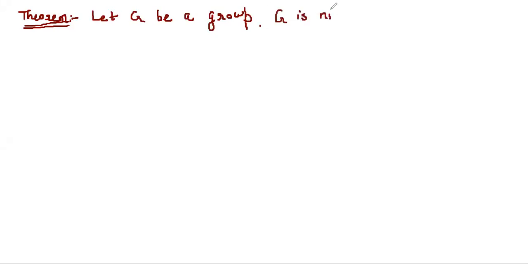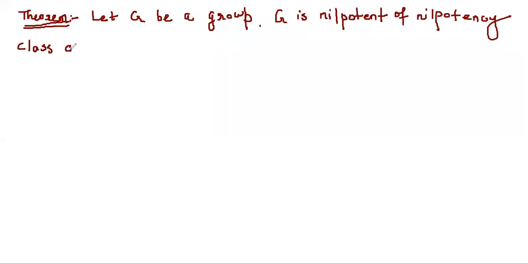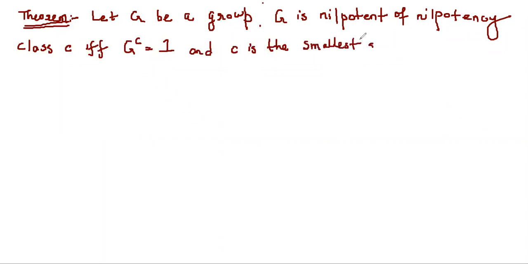G is nilpotent of nilpotency class C if and only if G_C is 1, and C is the smallest such integer.